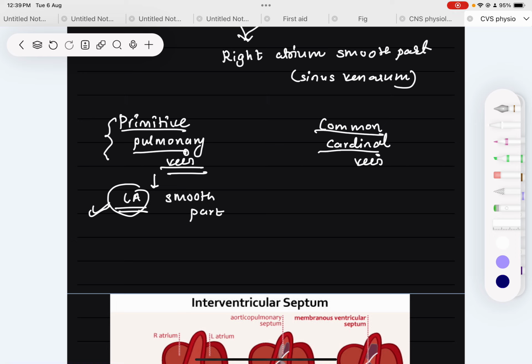The common cardinal vein will form the superior vena cava, along with the anterior cardinal vein.